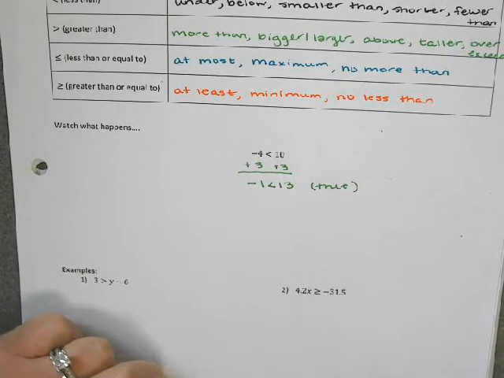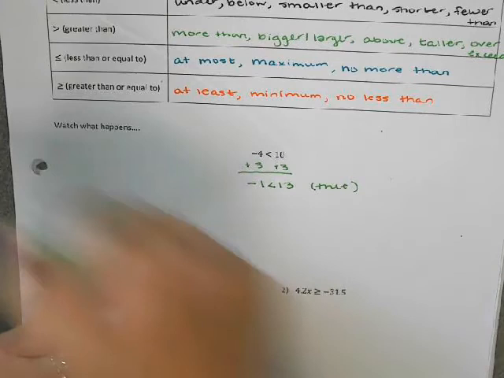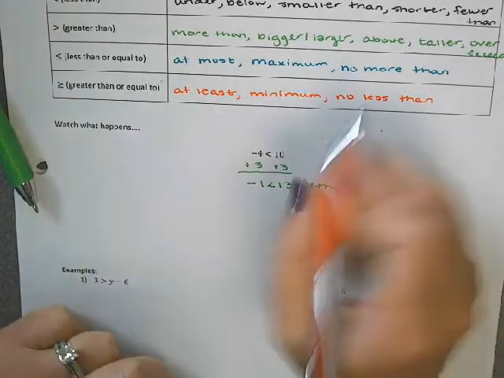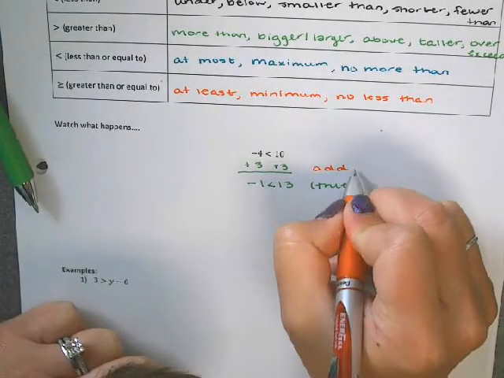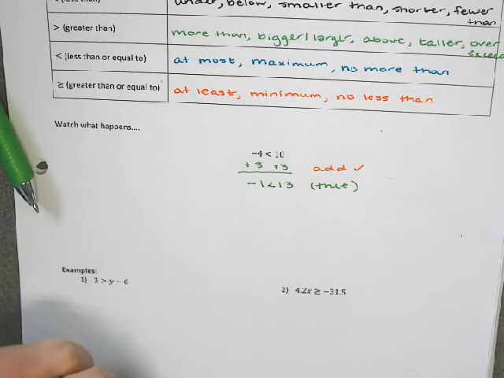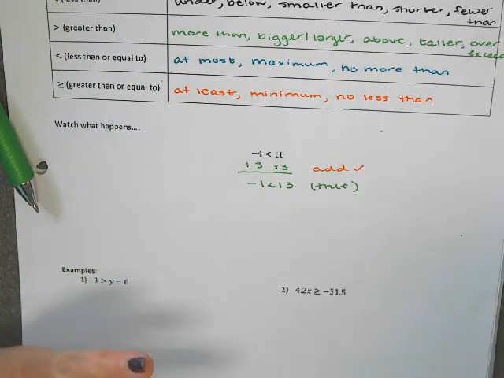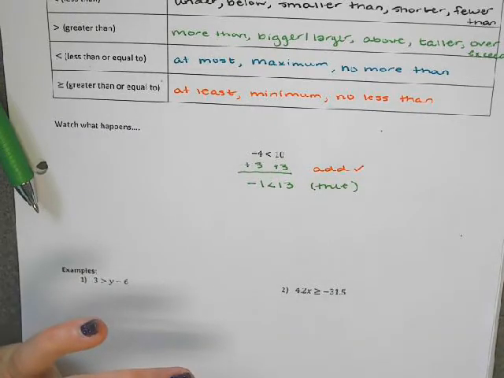So that means that we're allowed to add a number to both sides, and the inequality will remain true. Adding a number to both sides, that is okay, we can do that.